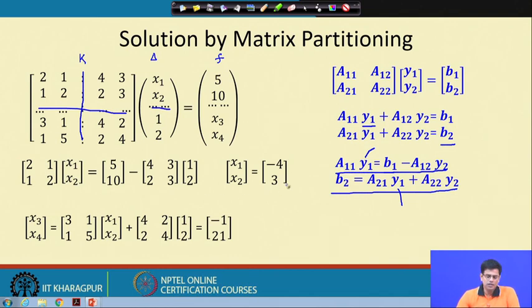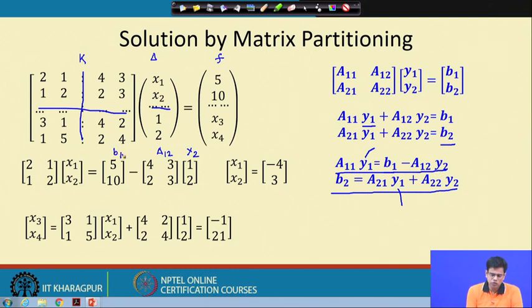Similarly, in this example, the first block matrix A11 is multiplied with x1 and x2, which equals the modified right hand side, 5 10 minus the second block matrix A12 times the known displacement vector, which comes from the boundary condition, and this is B1.